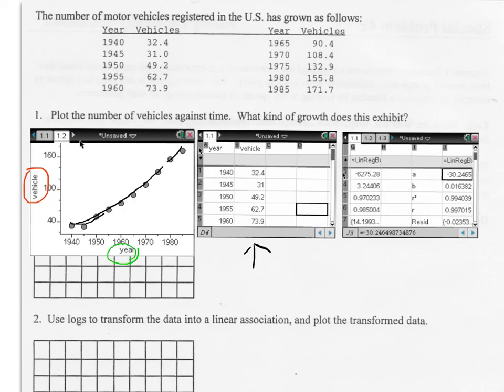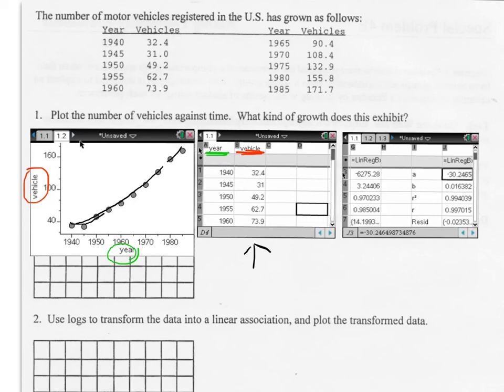Just a little refresher, when we make a scatter plot we use the TI Inspire. We go to a list and spreadsheet, and we put in our explanatory variable, and our response variable goes in the next column.